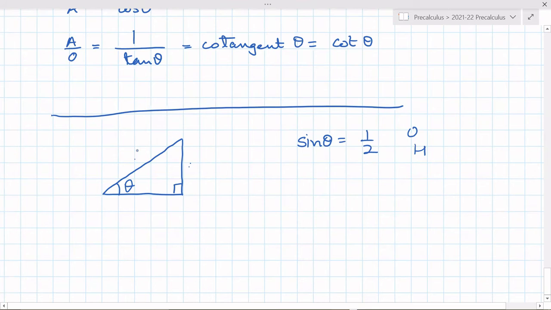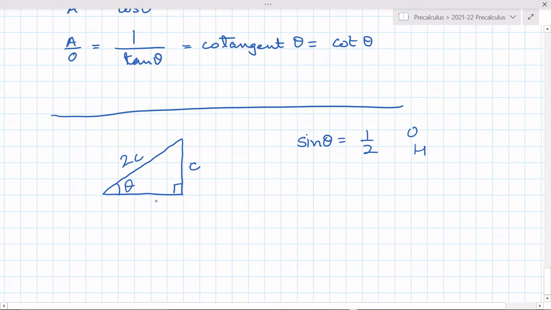I don't know exactly what it is, but I know their ratio is 1:2. So if I'm only worried about the ratios, I can take them as 1 and 2. If I really want to be worried about the actual values, I could call this, say, C, right? Since opposite to hypotenuse is 1:2, so C, then this is 2C, right?